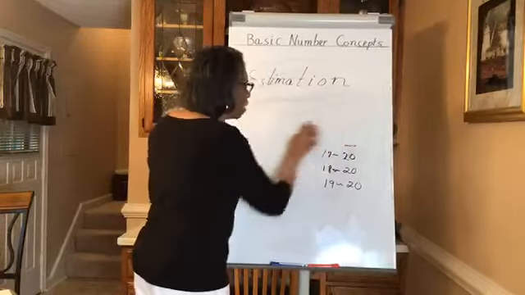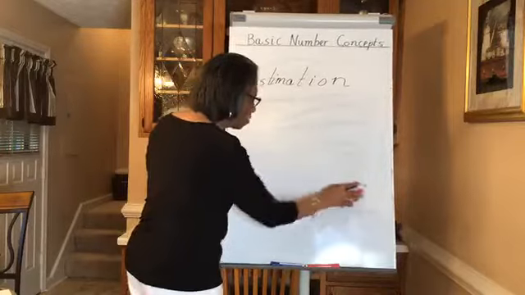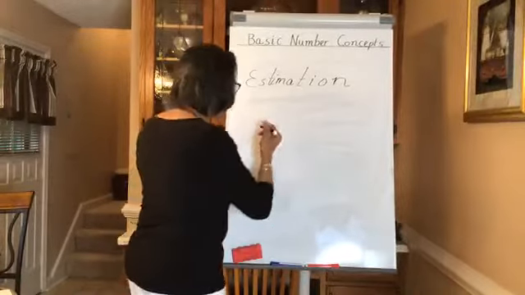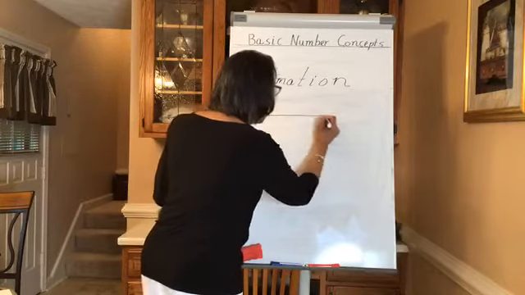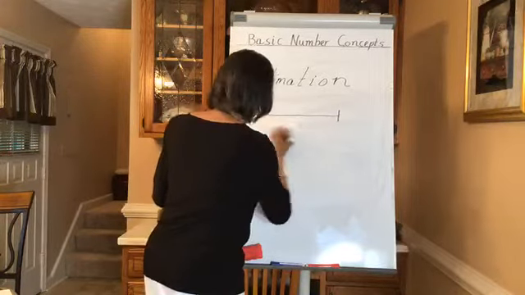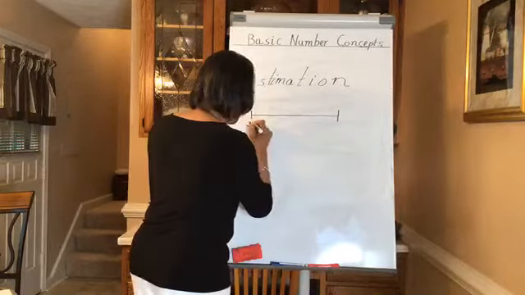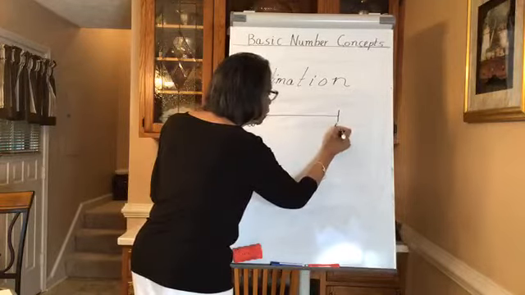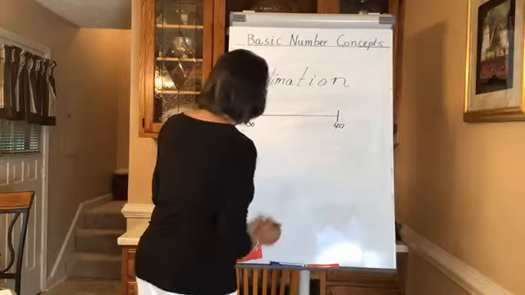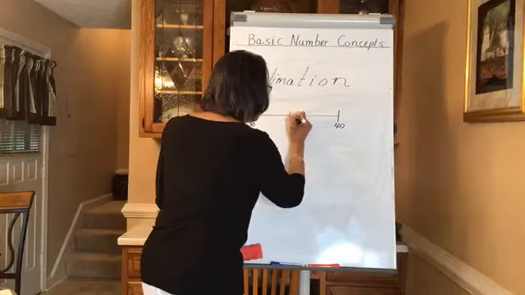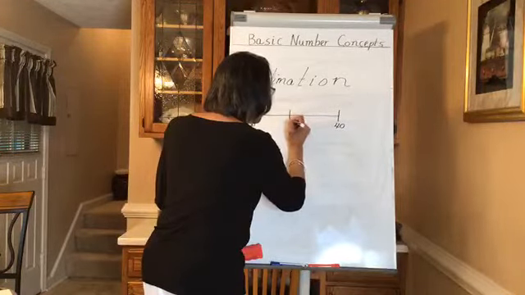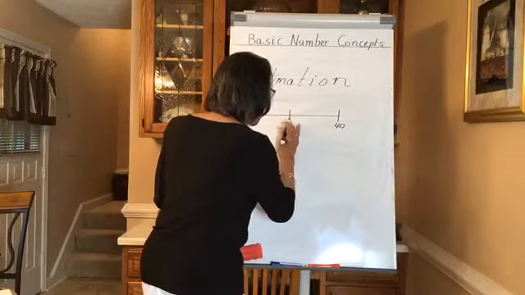You make your number line while I make mine. $30 and $40. All right. I'm going to put this little halfway mark in there because that's going to be 35.